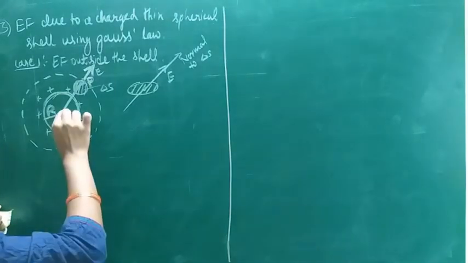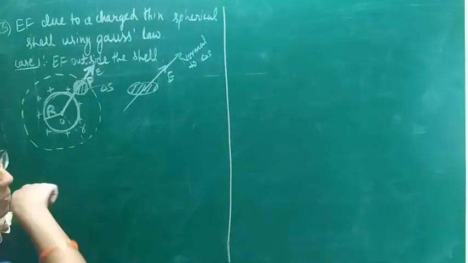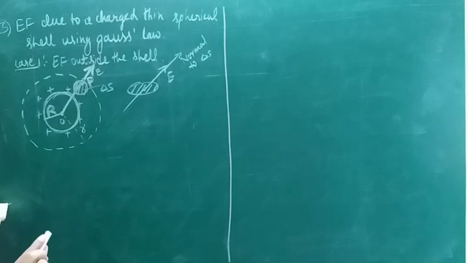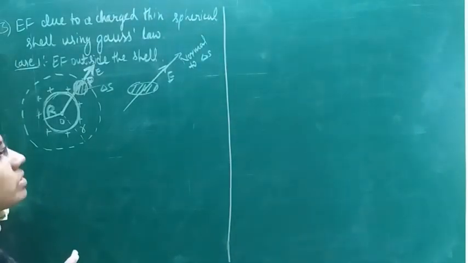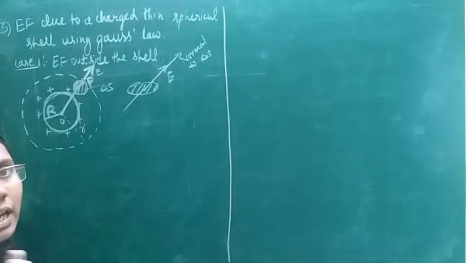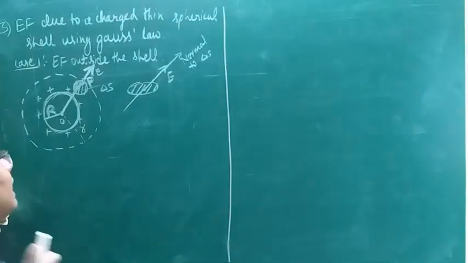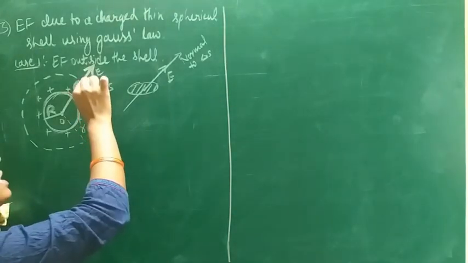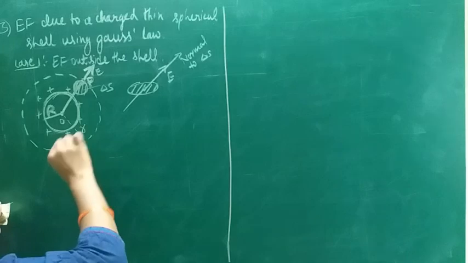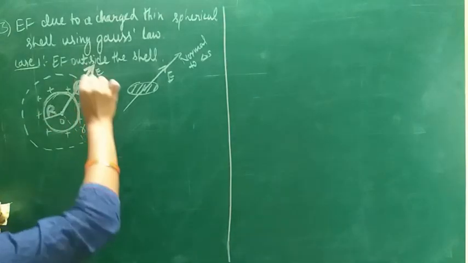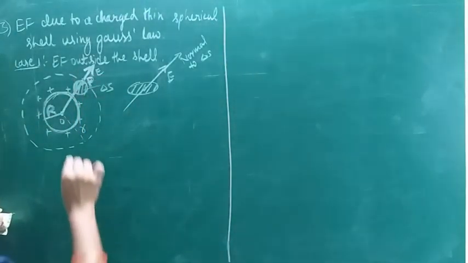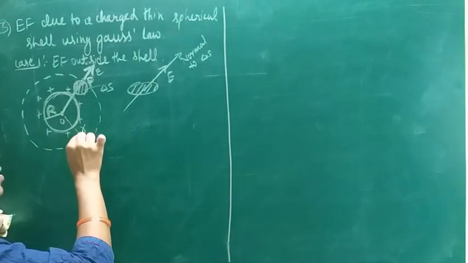Then, in order to find out the electric field due to this, we have to draw a Gaussian surface first. Let us consider an imaginary Gaussian surface around the point P as a spherical surface having radius small r.